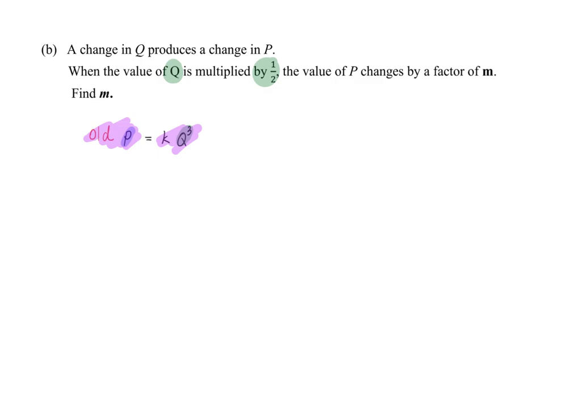So when Q changes, P changes. That's why there's a new value of P. And instead of writing Q, the Q is now multiplied by half. Therefore, if I continue to solve for this, 1 over 2 cube is 1 over 8, Q cube is Q cube.